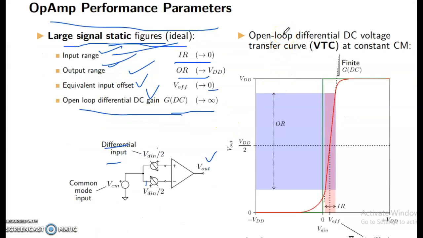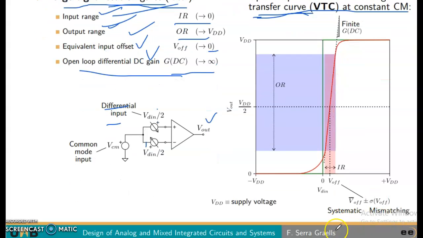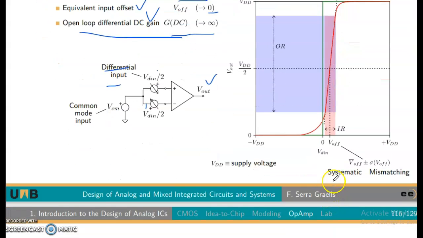Open loop differential DC voltage transfer curve at a constant CM. VTC: V for voltage, T for transfer, C for curve, at a constant CM. With systematic mismatching, VDD equals supply voltage.